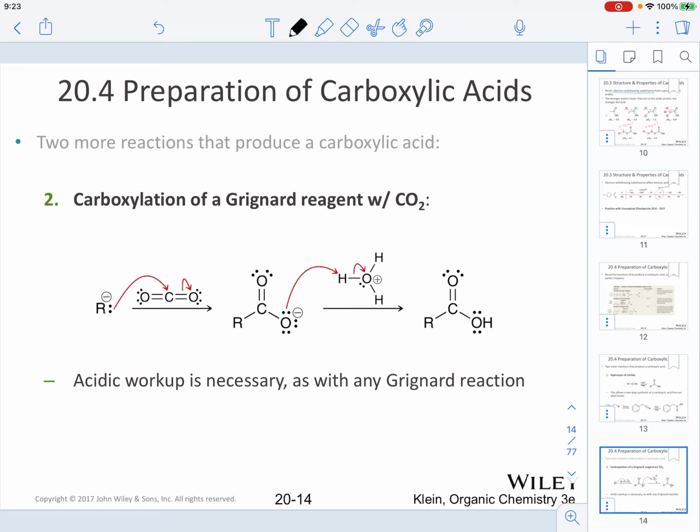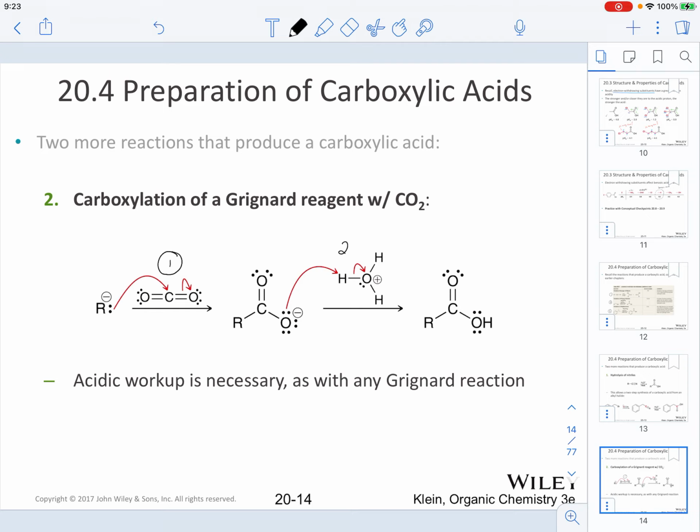One other reaction that you need to be familiar with is the carboxylation of a Grignard reagent with CO2. If you have a Grignard reagent and you expose it to CO2, in step 1 of the reaction, you react the Grignard with the CO2.